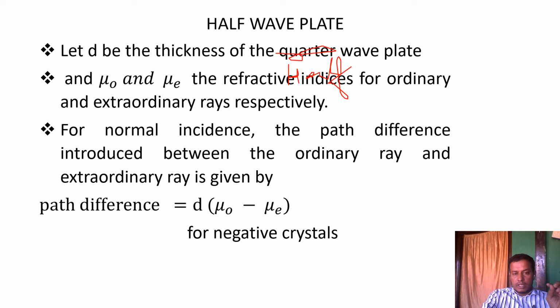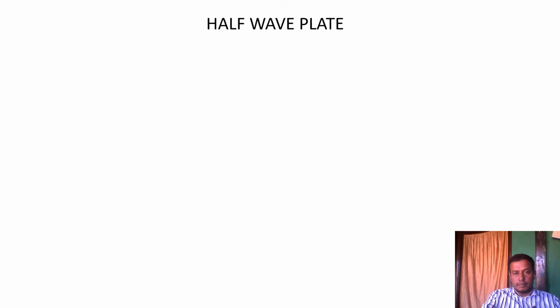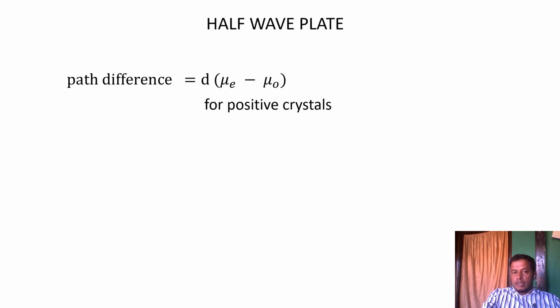For positive crystals it is mu e minus mu naught, because the refractive index of the extraordinary ray is more than the refractive index of the ordinary ray. That's why it is so for positive crystals.